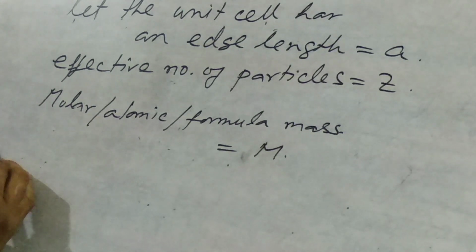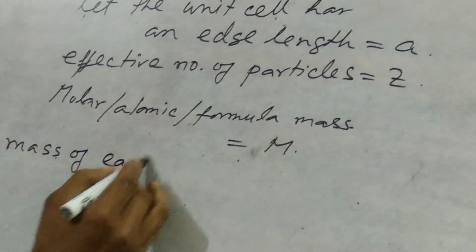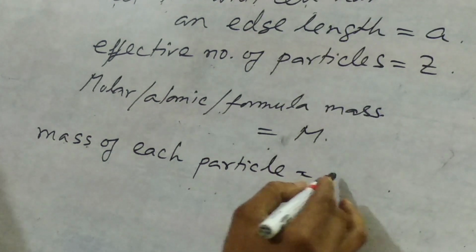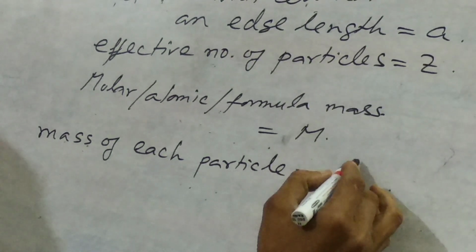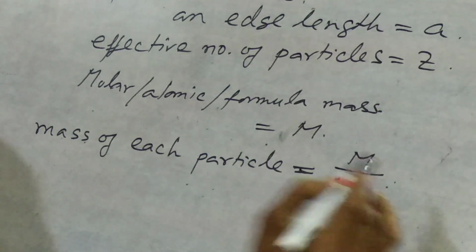Therefore, mass of each particle is this atomic, molar or formula mass by Avogadro number N_A.